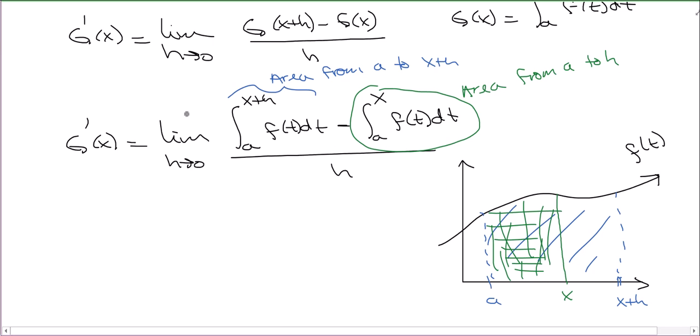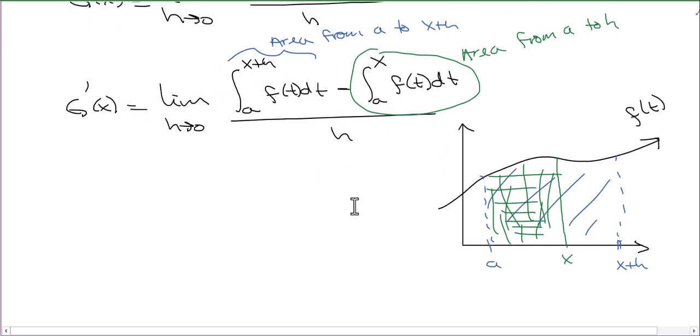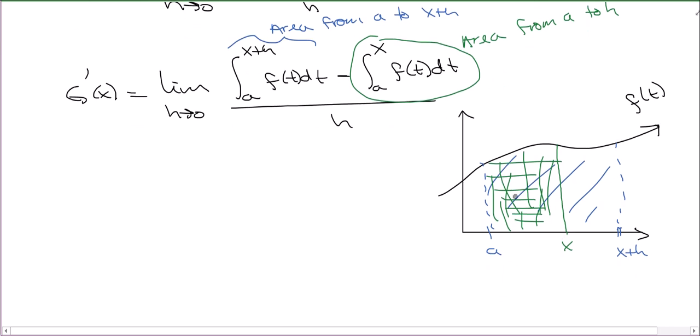Since I'm subtracting them, what am I left with? We're left with just the area between x and x plus h. When I take the blue area and subtract the green area, I'm left with this guy, the area just from x to x plus h.